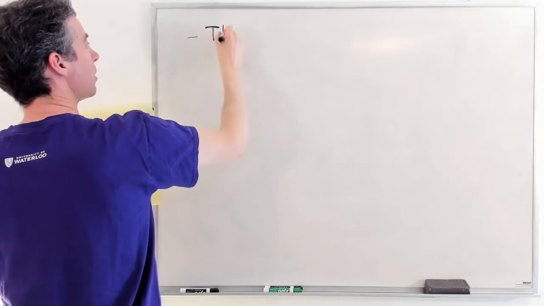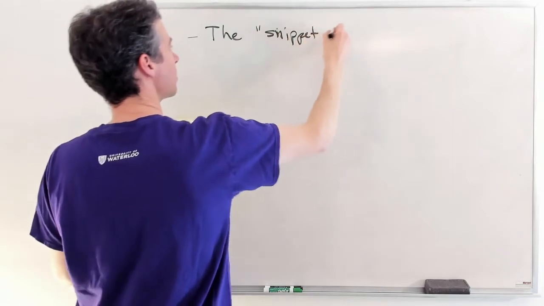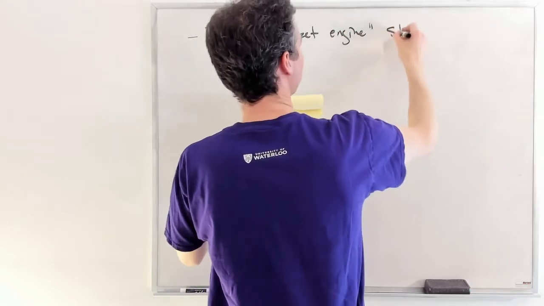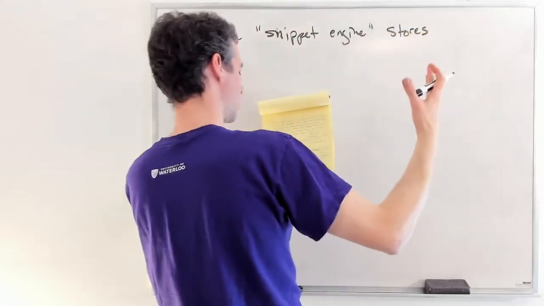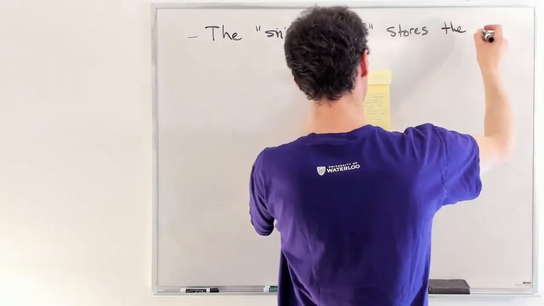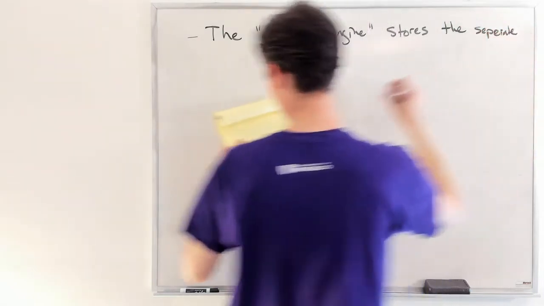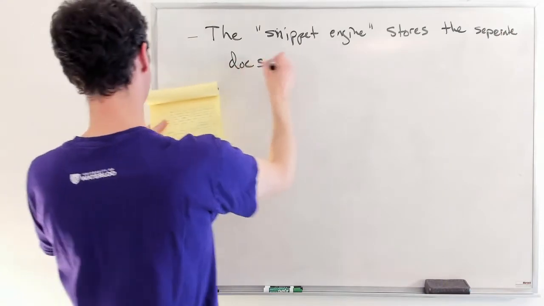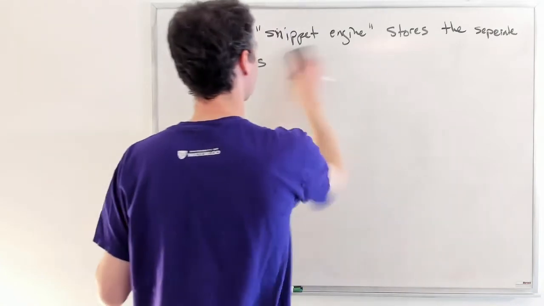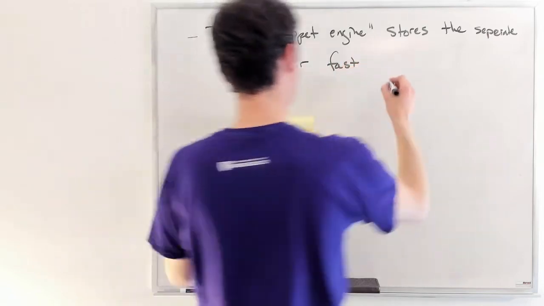One of the things, again, remember the snippet engine. It's in the snippet engine that we're going to store all these separate documents. For you, it's just going to be somewhere on your hard drive as specified in the homework. But you can think of it as your snippet engine, which stores the separate documents for fast retrieval.